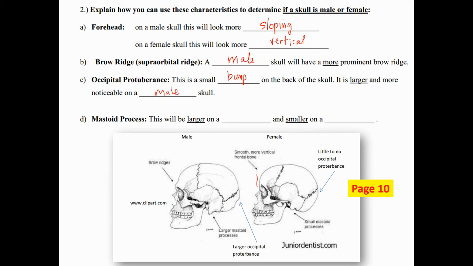You can feel it at the back of your head, usually, especially if you're a male. Way at the back of your head, then just go down as your skull starts to curve inward. The mastoid process is that bump that's kind of just back behind the jaw bone, and it is larger on a male and smaller on a female skull.